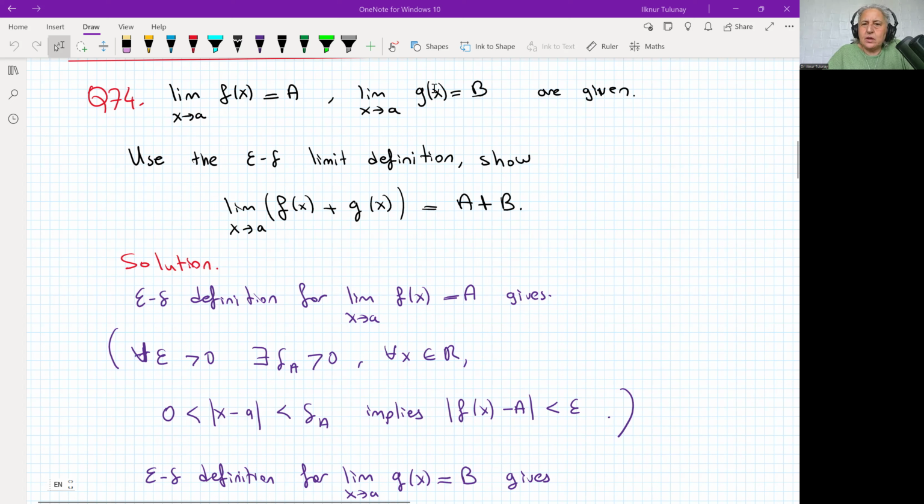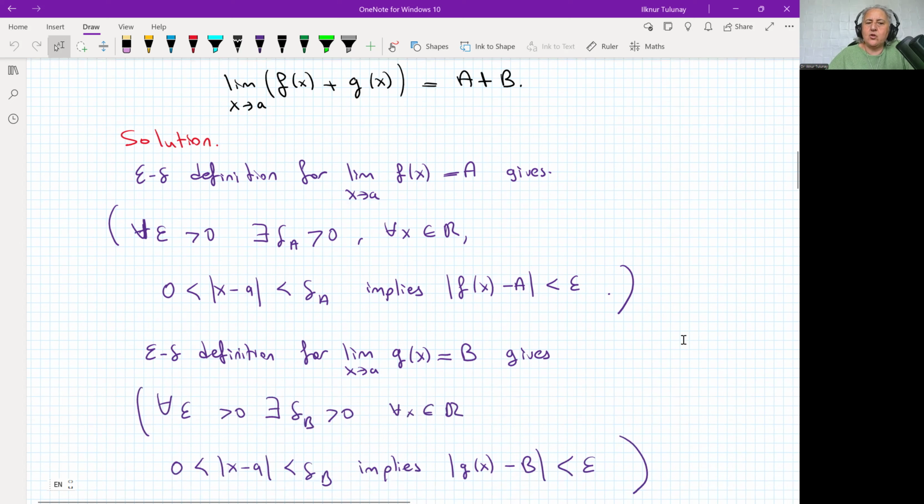So these two are the given equations. We will move from here to here. What is the epsilon-delta definition for this equality? This is just by the definition that for each epsilon, as I mentioned before, this epsilon is something between 0 and 1. Even though we just say that it is positive, we think of epsilon as a small number.